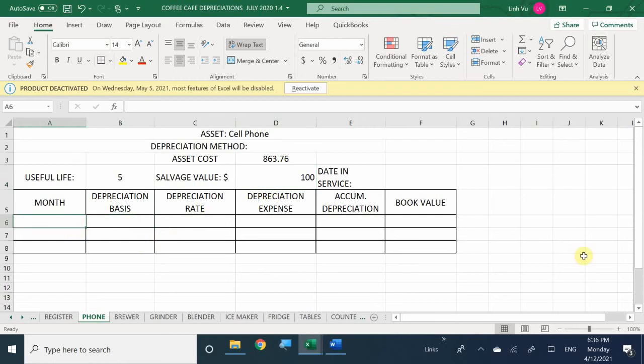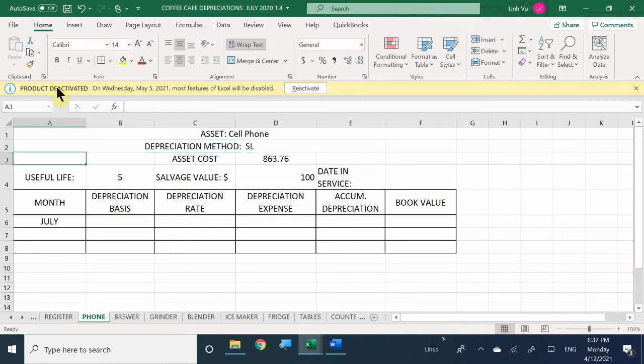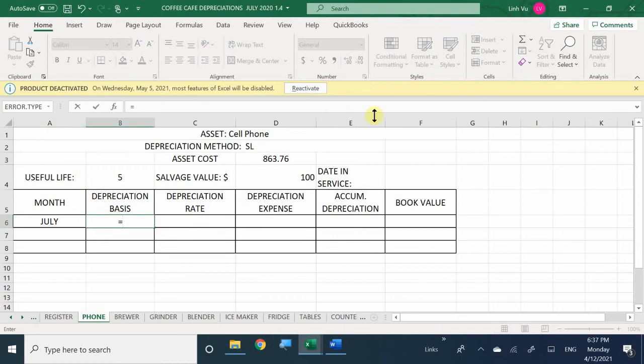Once again, we're doing the month of July. We determined that this is straight line once again, SL for straight line. So the depreciation basis is going to be my asset cost minus my salvage value of 100 to give me a grand total of $763.76.